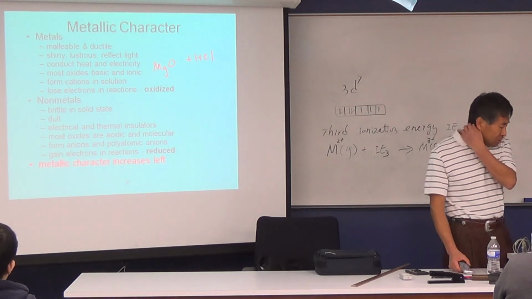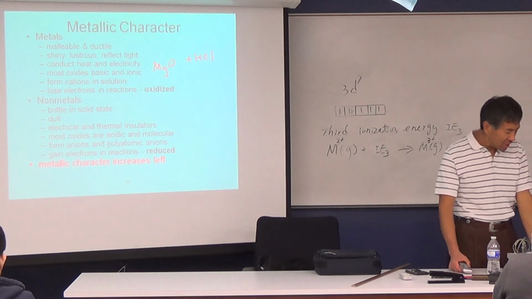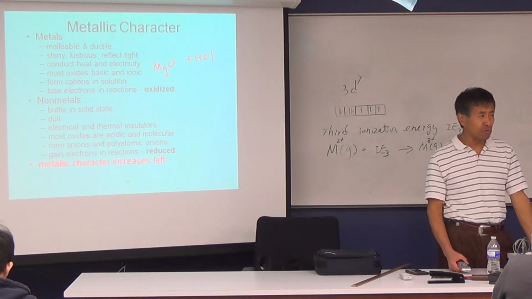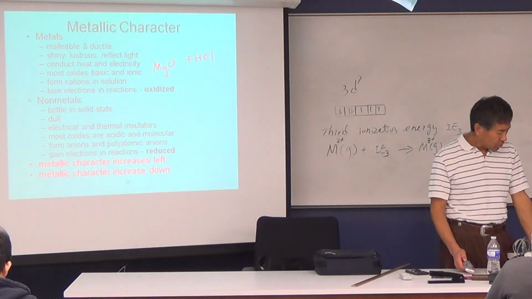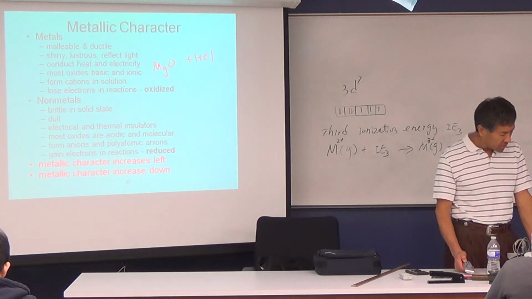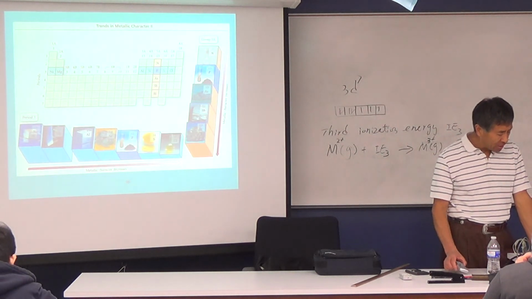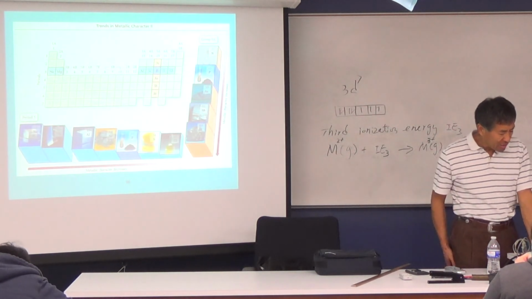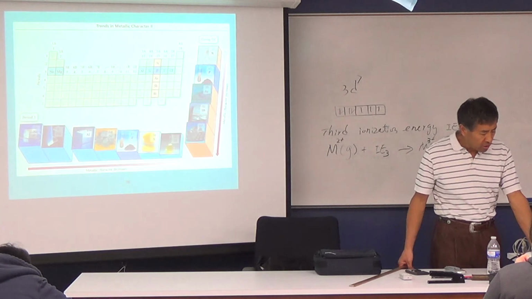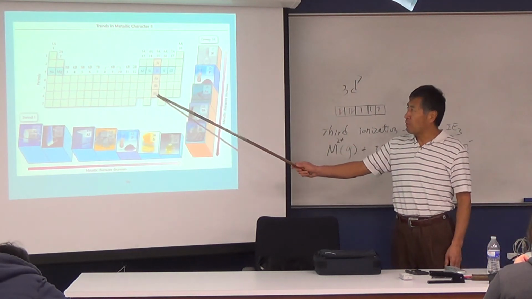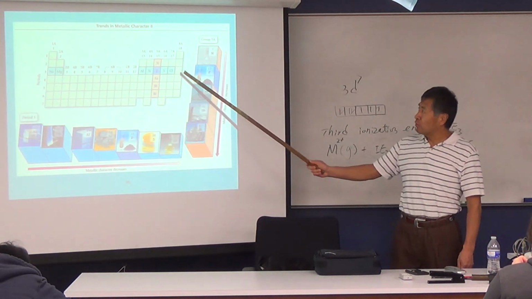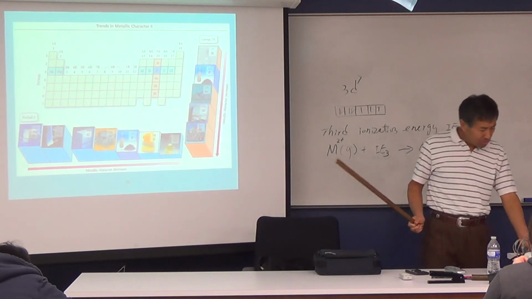So you also see there's another pattern. The metallic character increases from right to the left, also from top to the bottom. So here is one example about the metallic characteristic. From top to bottom, become more and more metallic. From right to the left, become more and more metallic.